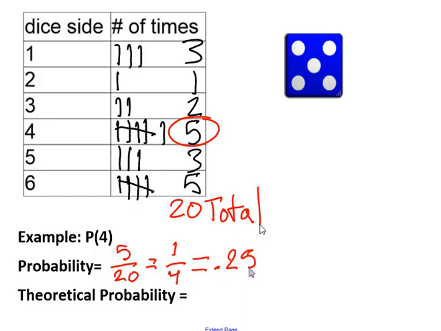But the theoretical probability is still the number of sides of the dice that actually have a 4 on it. And there is only one side of the dice that has a 4 on it.